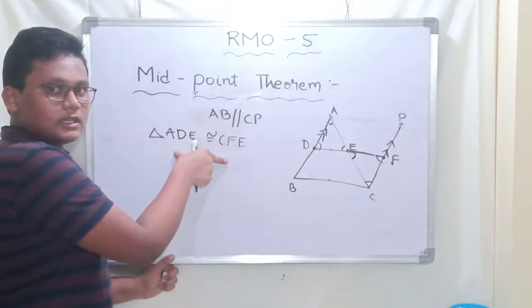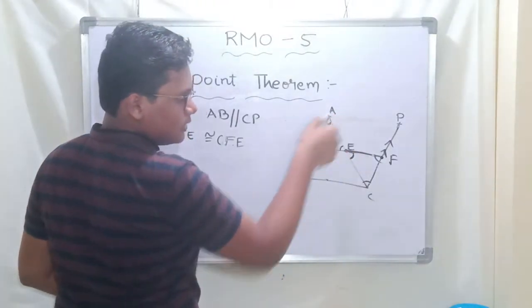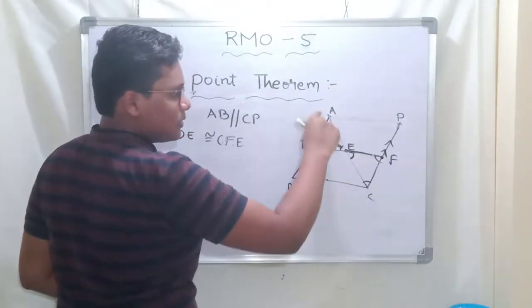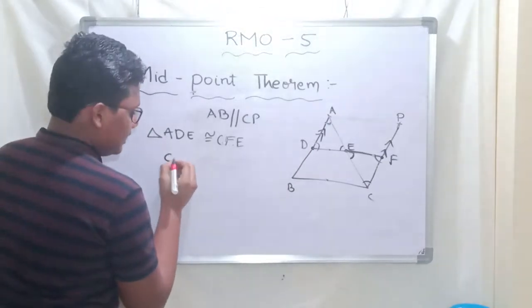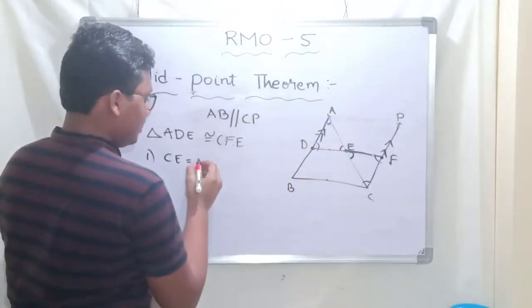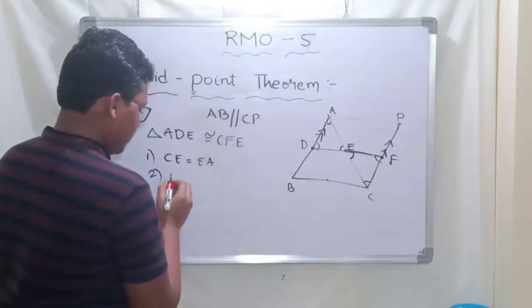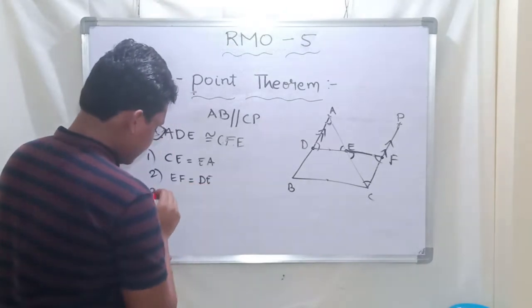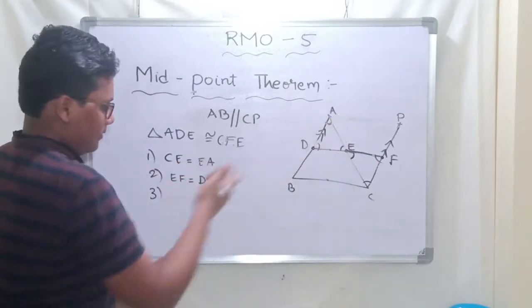If those two triangles are congruent, those sides will be equal. CE is equal to EA, CF is equal to AD, and EF is equal to DE.